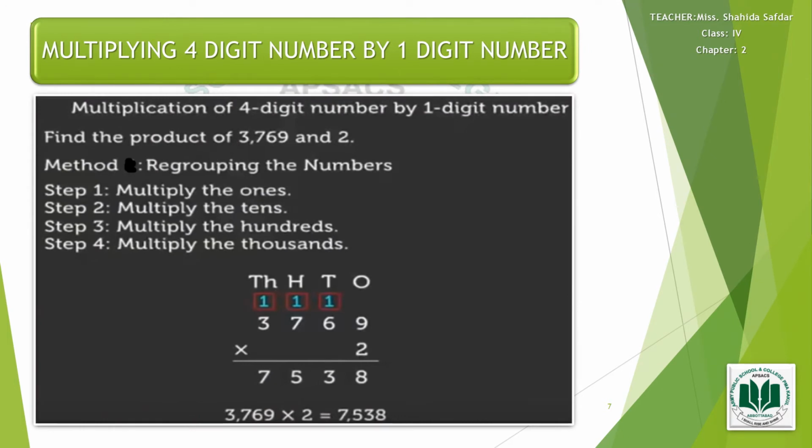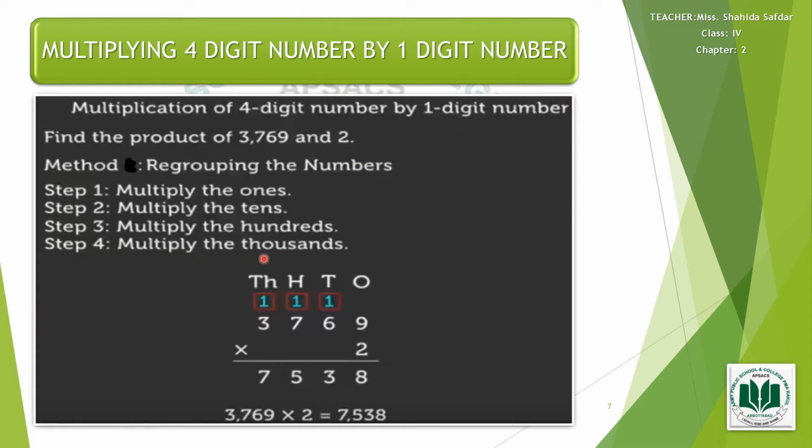Here we will learn how to find multiplication of 4-digit number by 1-digit number. Example is, find the product of 3769 and 2. The method which we will follow to solve this example is regrouping the numbers.